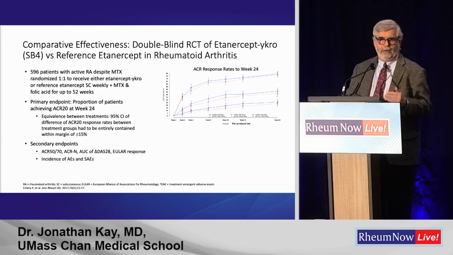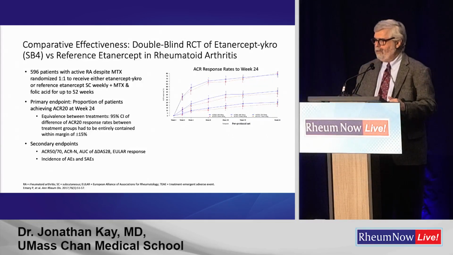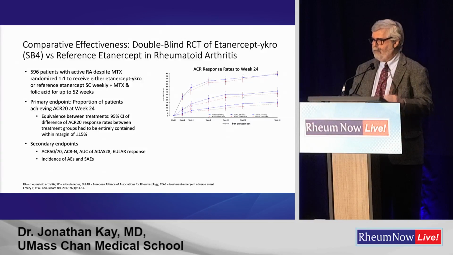So the study enrolled 600 patients who were randomized 1-to-1, patients with active rheumatoid arthritis despite methotrexate, who received either the biosimilar candidate or the reference product at 50 milligrams weekly subcutaneously for 52 weeks. Primary endpoint, as I mentioned, was the ACR20 at week 24. Secondary endpoints are shown here, and also the incidence of adverse events and serious adverse events for safety.